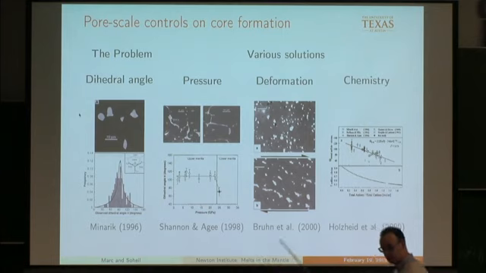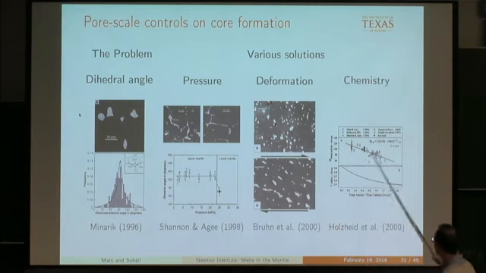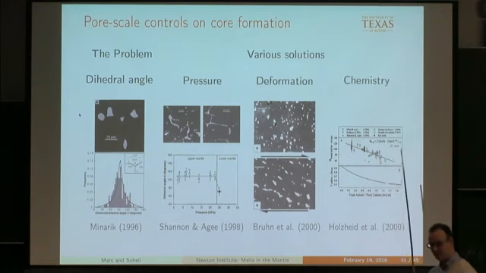And then, of course, there's chemistry. The problem with chemistry is that you have many knobs. Here's one of the earlier papers on this, and it shows that if you play with the composition of what's in a melt, you can affect this dihedral angle. My reading of the literature, which I don't understand entirely because it's complicated, is that there's not yet really a satisfactory chemical way of bringing the dihedral angle all the way down.